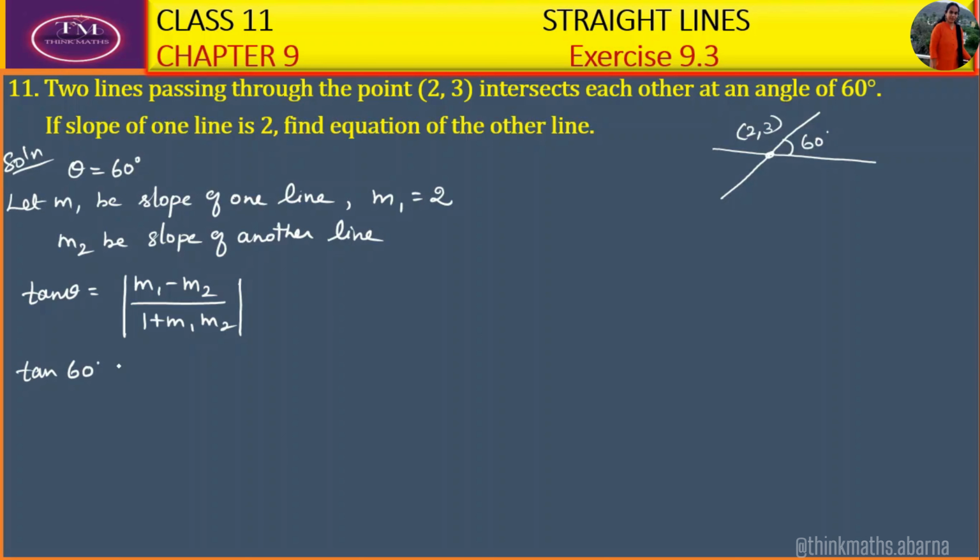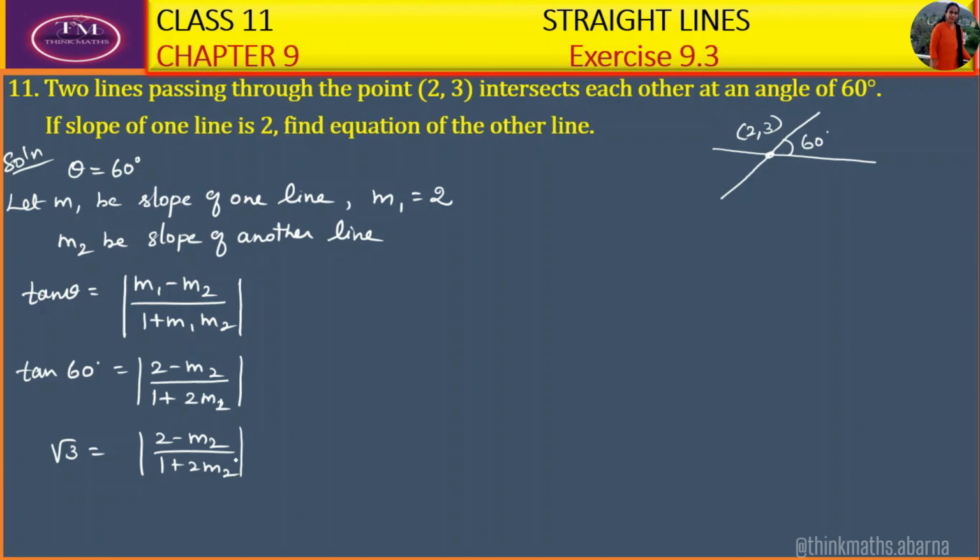So tan 60 is equal to, m1 is 2, so 2 minus m2 divided by 1 plus 2 m2. Okay, m1 is 2 and m2 is as such m2. So this is what we get. What is tan 60? Tan 60 is root 3. So root 3 is equal to modulus of (2 minus m2) divided by (1 plus 2 m2).